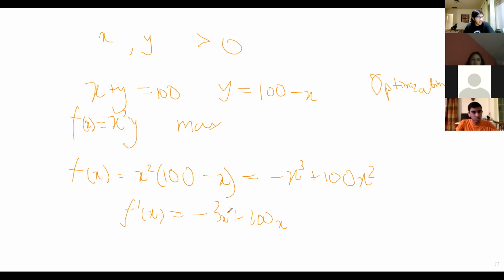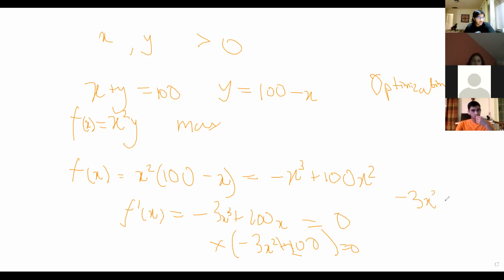We set that equal to 0, because if the derivative is equal to 0, that's a testing point. Now we can factor out an x times negative 3x squared plus 200 equals 0. We obviously know if x was 0, this wouldn't be maximized, so x equals 0 is not the solution we're looking for.